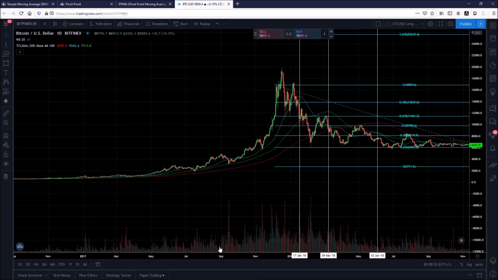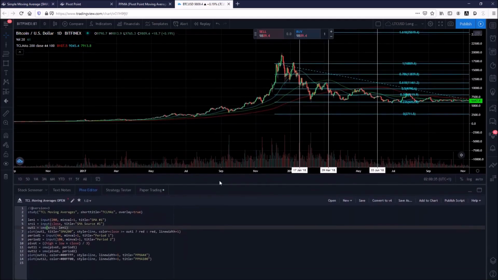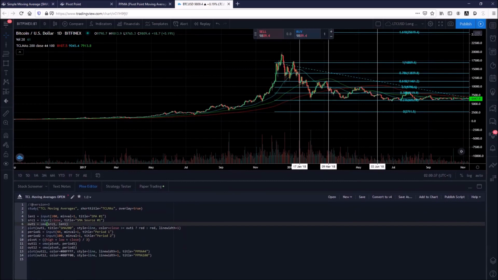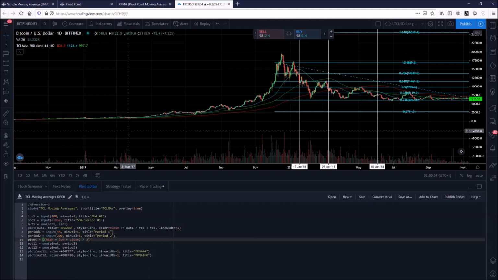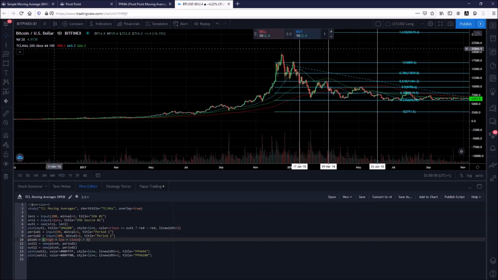What you can start to do when you really understand these is you can come into scripts like this and you can change your pivot points into periods like the 200 period for your moving average. And you can see how that compares to the simple one. Let's see if I can get this on here.